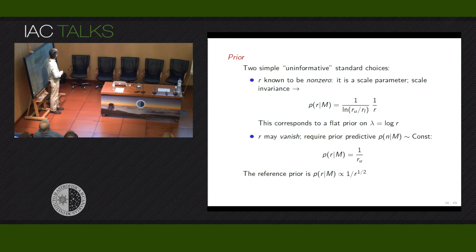On the other hand, if the rate of the source might be 0, if you don't even know if there's a source there, then it can't set a scale, because scales are something you divide by, but if it can be 0, you can't divide by it. And there, another argument you might invoke to try to come up with some idea of ignorance is to say that over some large interval of possible numbers of events, I want my probability for the number of events to be constant.